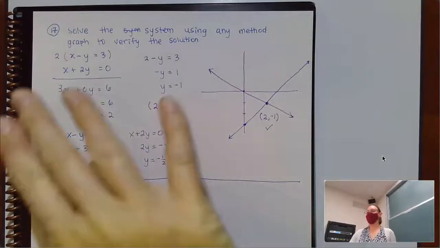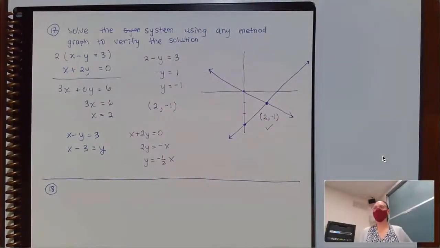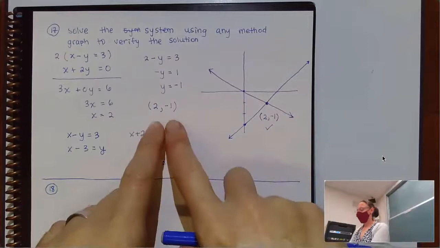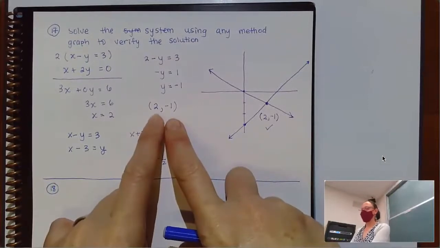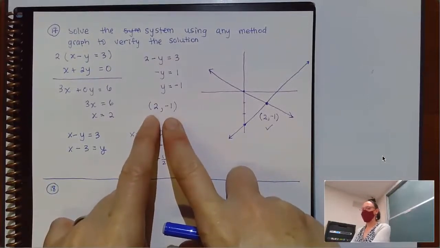Pausing for a second because there was a lot going on in that problem, just to see if anybody's got questions. Yeah. So solving the system, the solution to the system is 2, -1. Neither of those are a y-intercept.